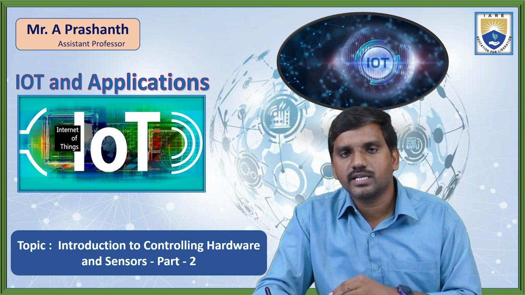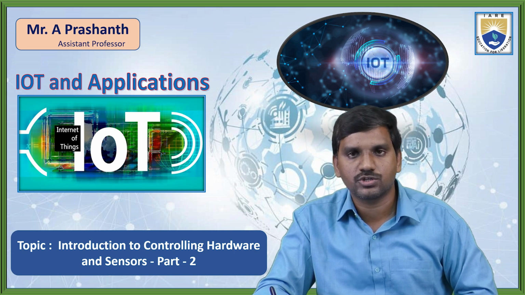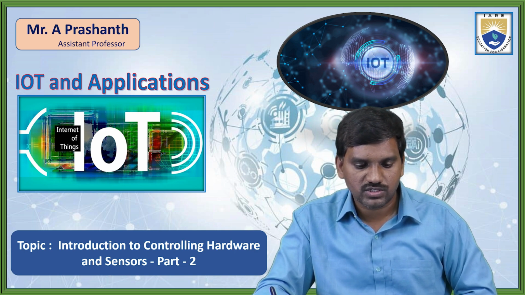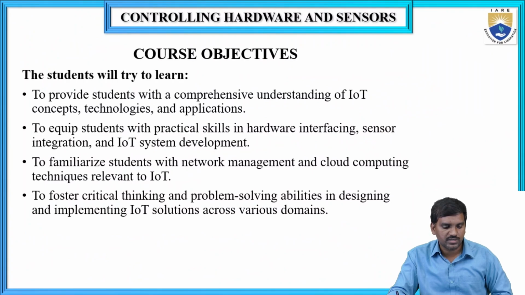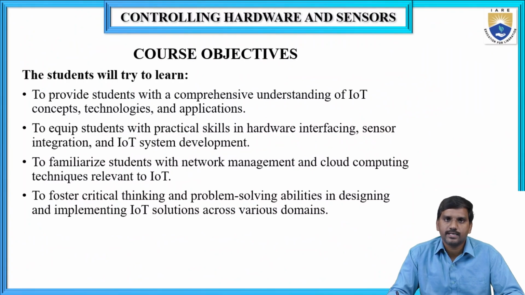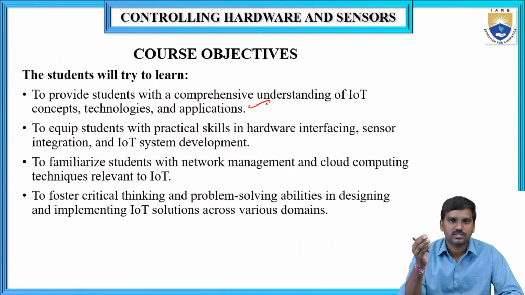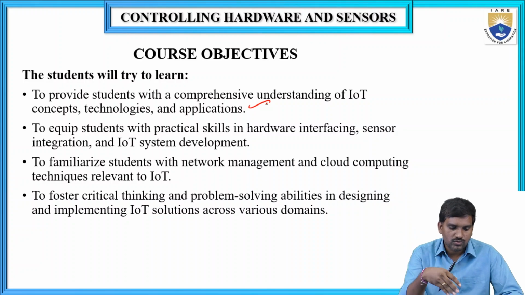Now we move into the second part of the introduction to controlling hardware and sensors. Before that, first we have to know the course objectives. Here the students will learn to gain a comprehensive understanding of IoT concepts, technology and applications. We already know these, and explained them in the last lecture also.